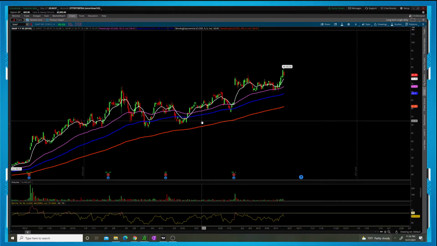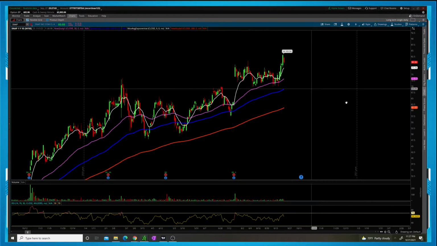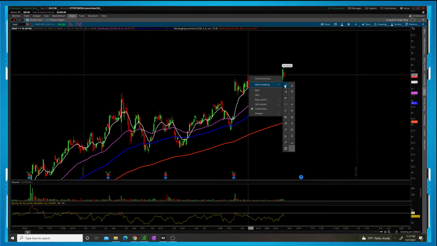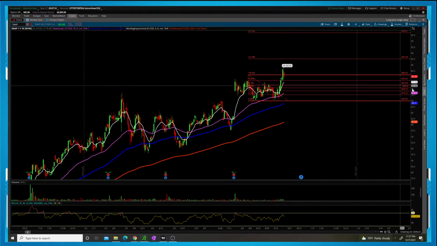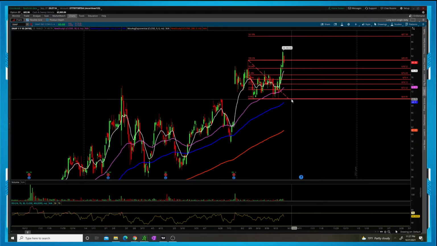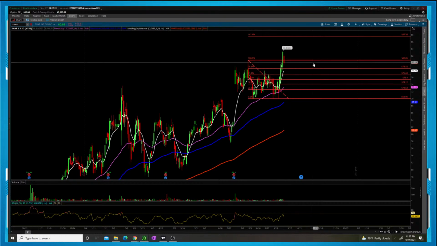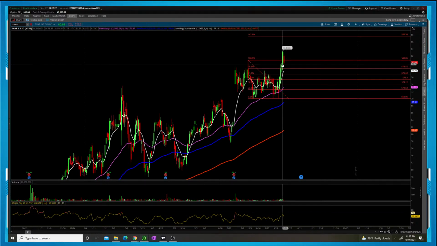If I wanted to do a Fibonacci retracement, I could try and do something like this, from this high right here down to right around this level. You can see we're a little bit underneath the 100% retracement. We did break above, but it was not able to hold. So I'm looking for $80.85 to be a strong resistance right here.